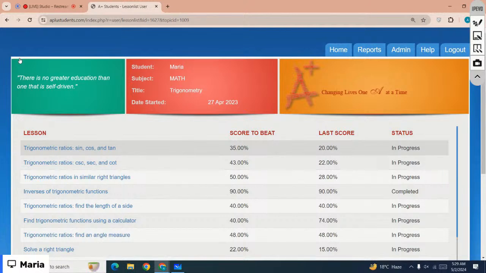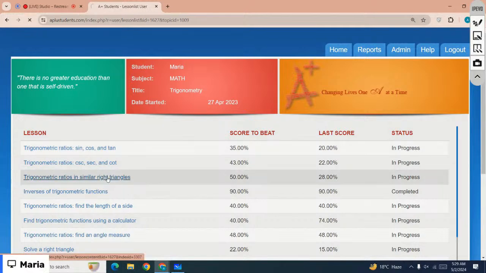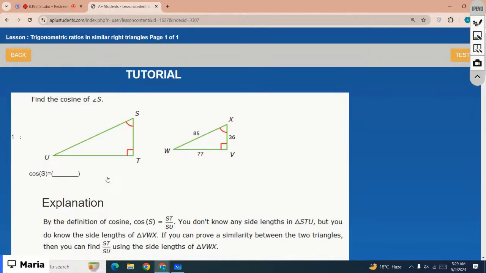Okay, the next lesson is trigonometric ratios in similar right triangles. So let's just start with the lesson. Okay, let's start with the first example.